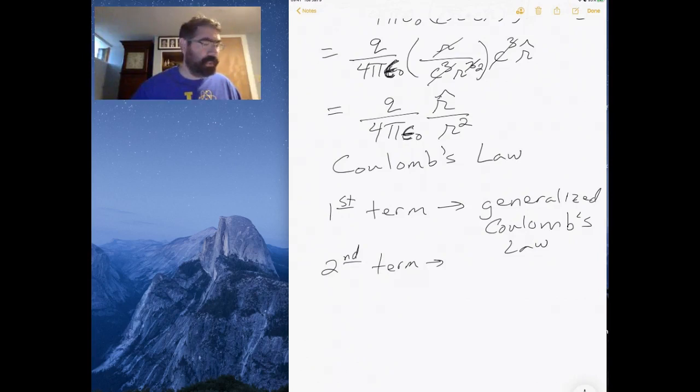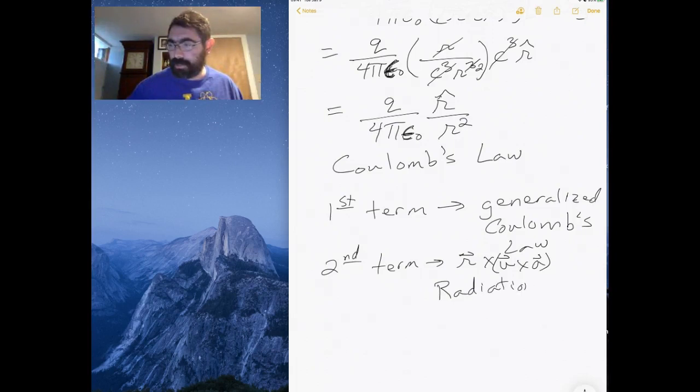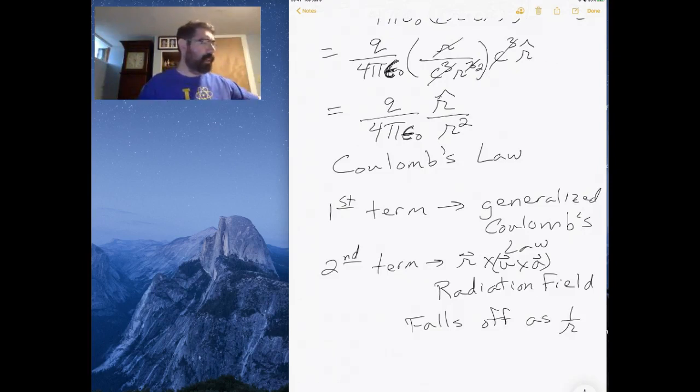which has the r crossed into u crossed into the acceleration, like so, that term is what's called the radiation field. And this dies off, so it falls off as 1 over r.